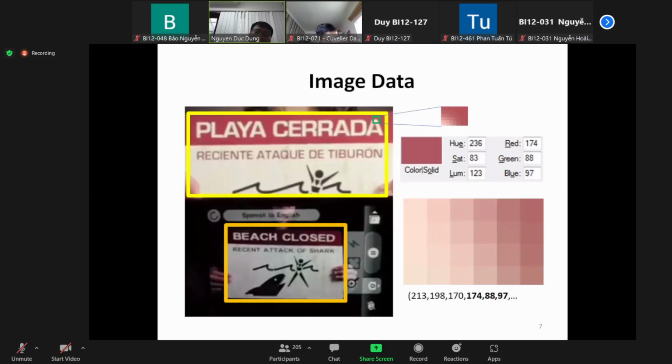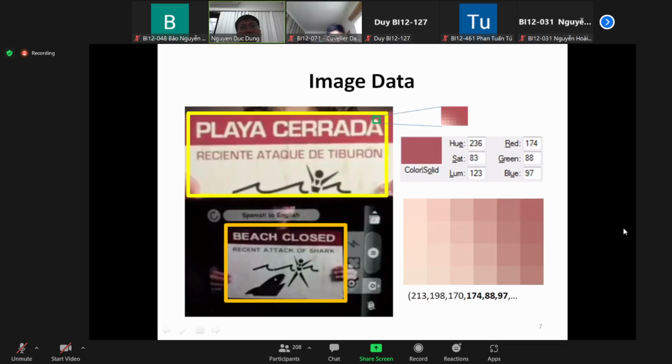The way the computer processes information is quite different from the way our human eyes and brain process information. The signal processing in our brain, of course, is different.